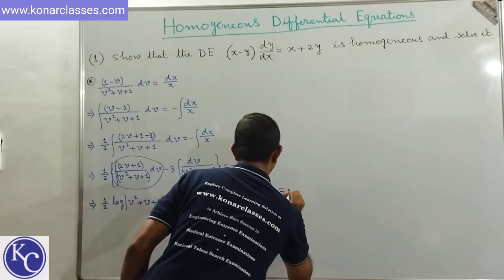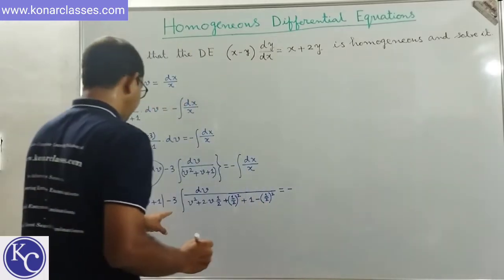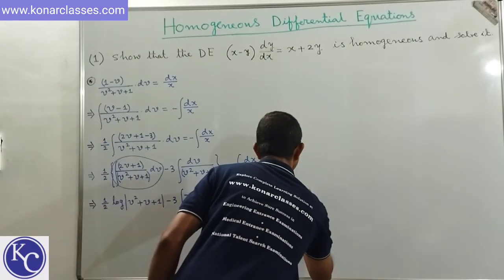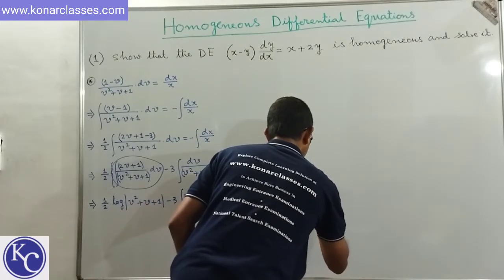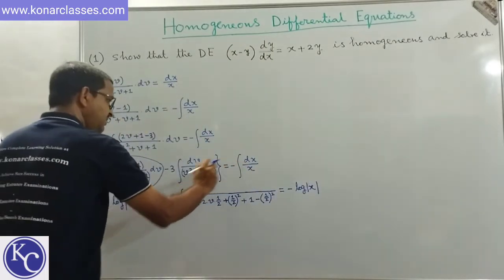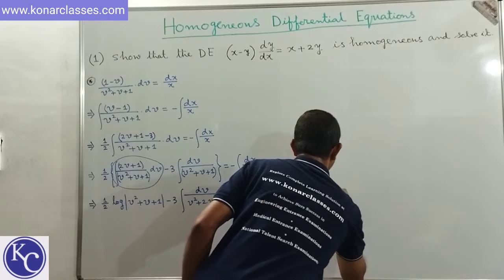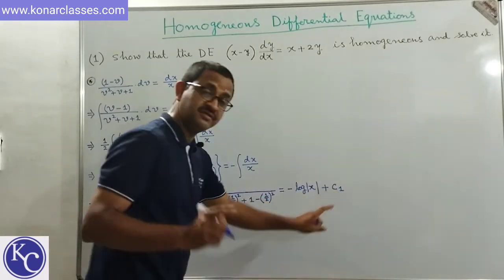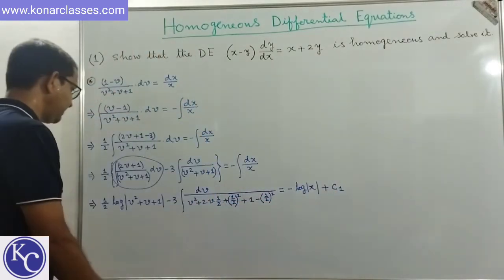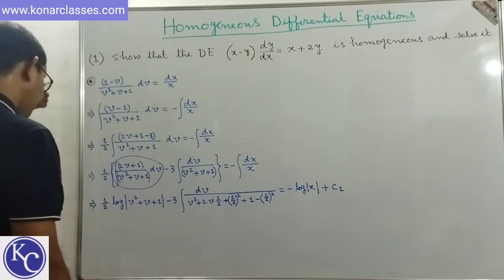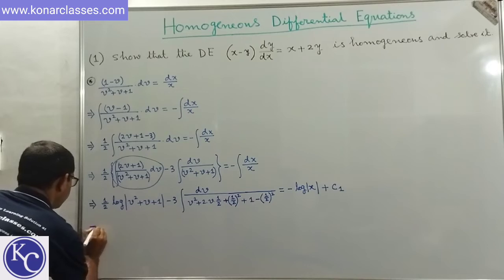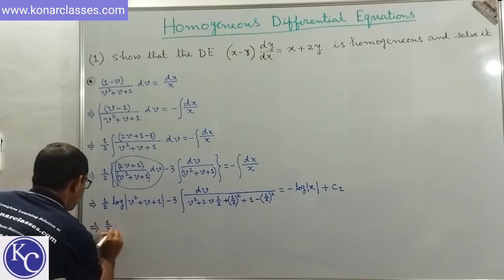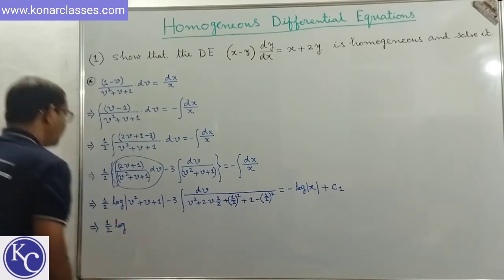That is equal to minus the integration of dx/x, which is log|x|. Now as we have performed the integration, let us add c1, the constant of integration. Now what we are going to do, dear students? From here we can write 1/2 log, and what is v?